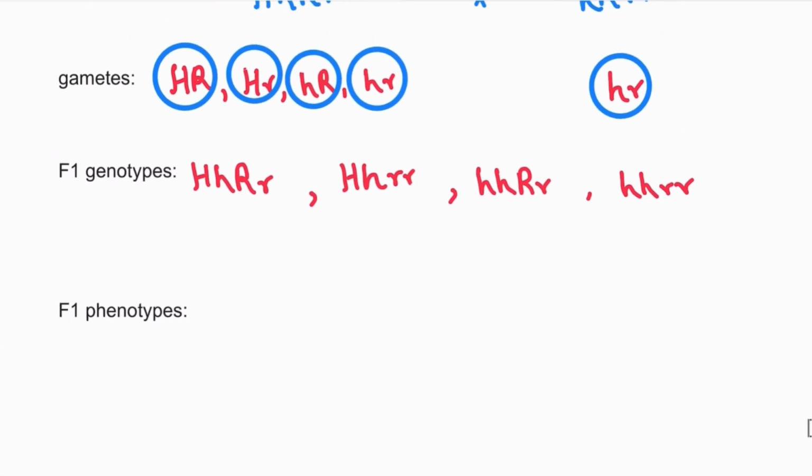Now what are the phenotypes of these offspring? If we look at this genotype, it has capital H, and for capital H there will be short hair, right? And because of capital R, the cat will have full color. So short hair and full color.